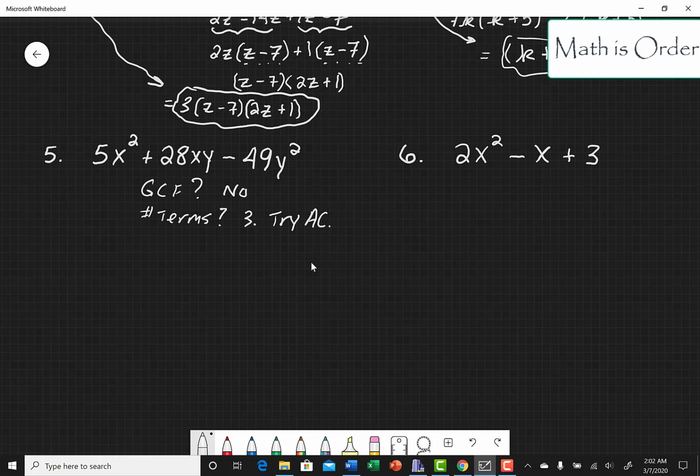All right, so 5 times negative 49 is going to give us, see, this is like negative 245. So again, we're getting big numbers here. So we're asking, are there any two numbers that multiply to give negative 245 and then add up to 28?